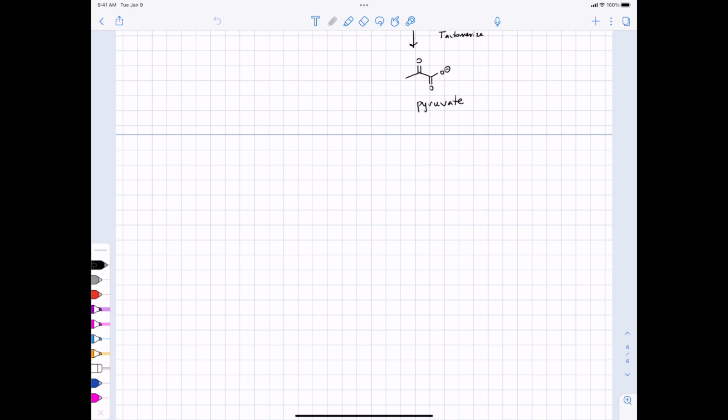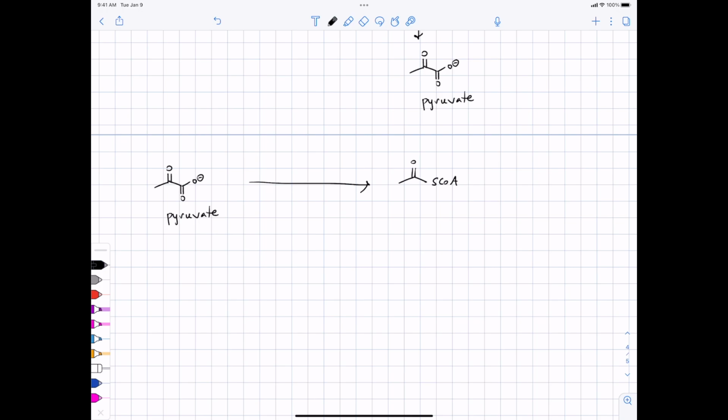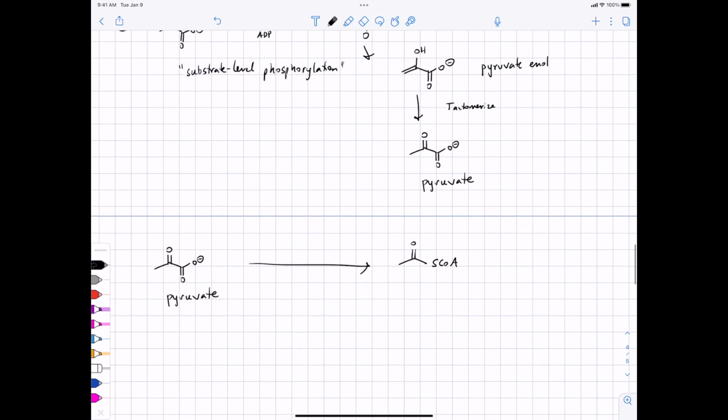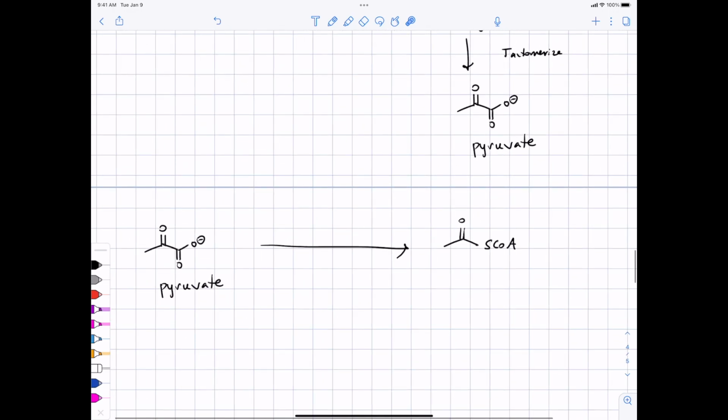So to get to the citric acid cycle, we need to take pyruvate and convert it into acetyl-CoA. Acetyl-CoA, as you might recall, is the endpoint of fatty acid beta oxidation. And this is the entry point to the citric acid cycle, which is essential to aerobic respiration or metabolism.